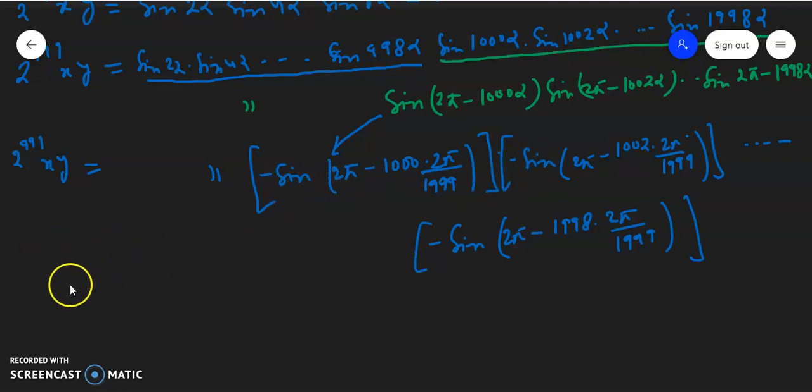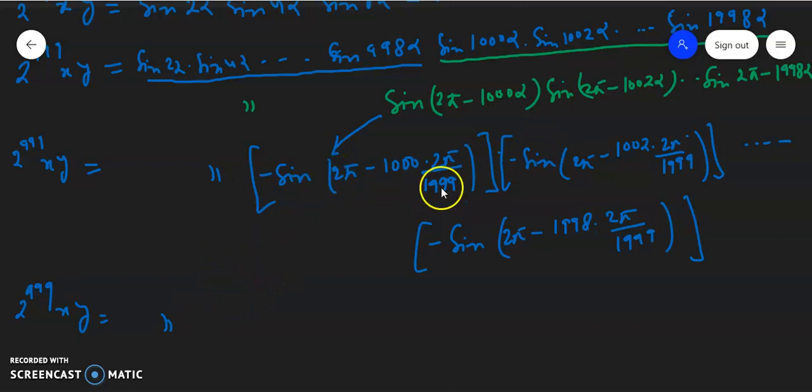So 2 to power 999 xy is equal to the first line, then after that you have this thing. If I take 2 pi common here, what do I get?